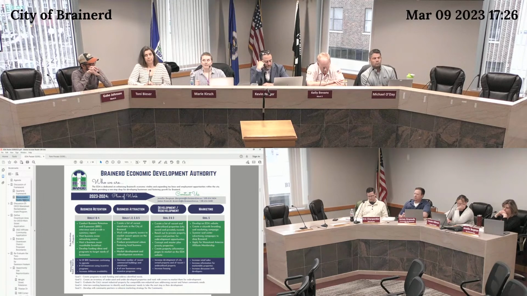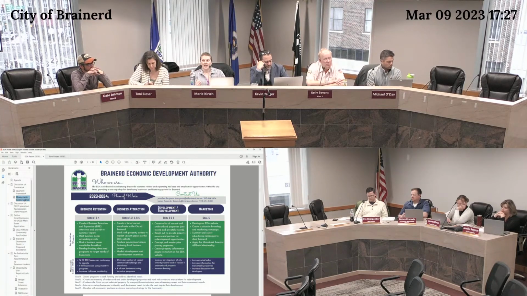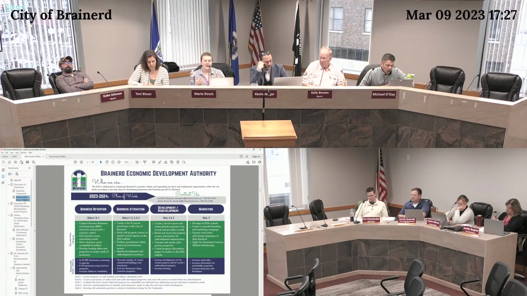To whatever extent we can, I'm not saying we need to have all these metrics. I know a lot of work goes into figuring out what the metrics are and how to measure them consistently. But if we can have baseline things like number of housing units, number of childcare providers, number of vacant properties at the beginning of the year versus the end of the year, and track developer inquiries and whether we have follow-throughs on those and what sales come out of that.